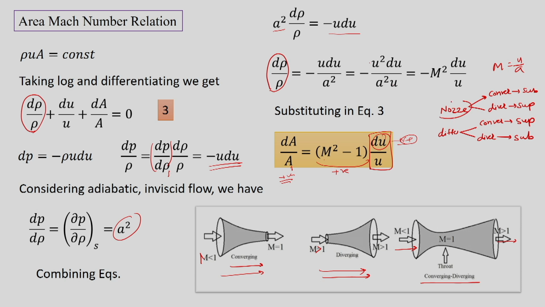Nozzle and diffuser are the two philosophies where flow has a certain fixed variation of pressure and velocity.